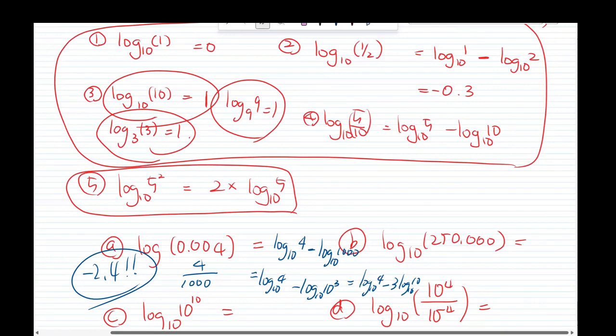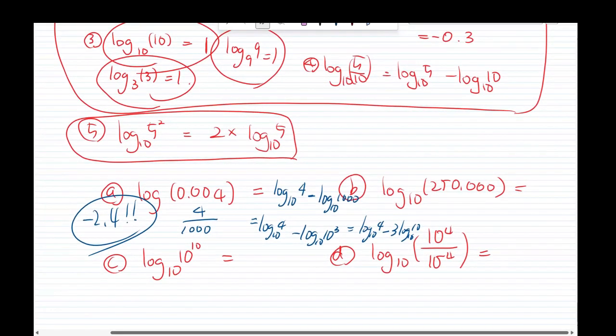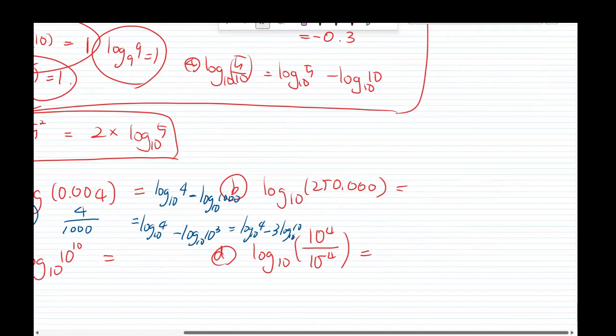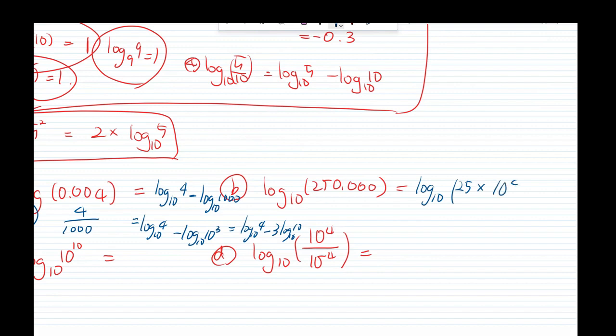All right, the next one: log base 10 of 25 times 10 to the 4. Do you agree with me? Log base 10 of 250,000 is 25 times 10 to the 4.